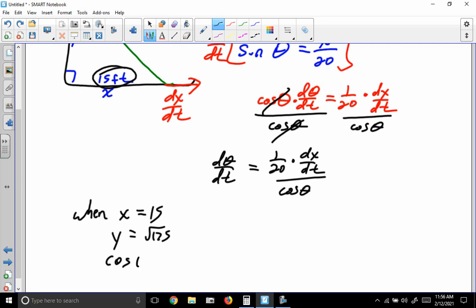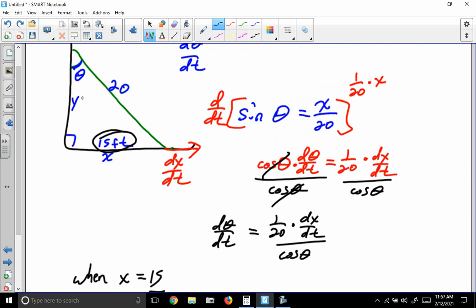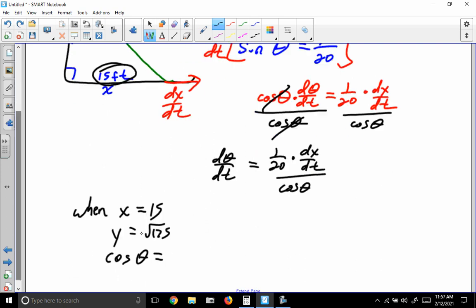So at that moment, cosine of that angle is adjacent over 20, so root 175 over 20. So notice we didn't find a value for theta and take cosine of it. We just found out what cosine is for that triangle at that moment.